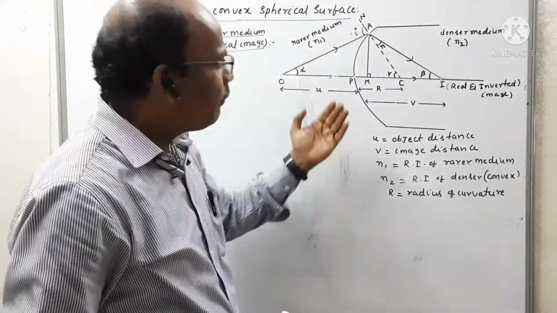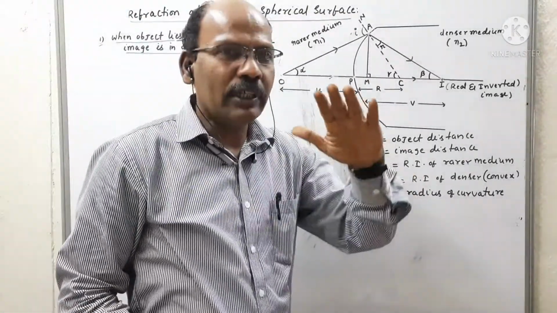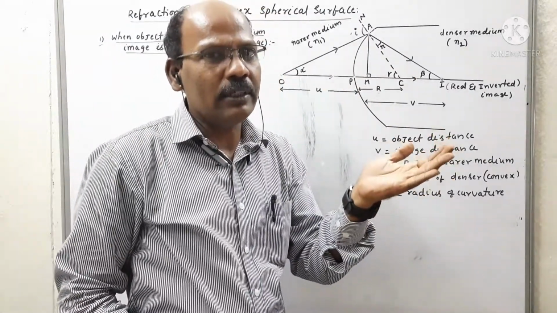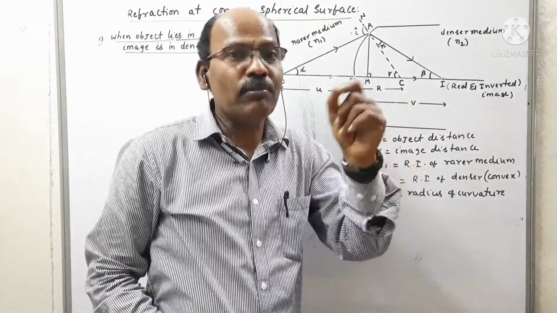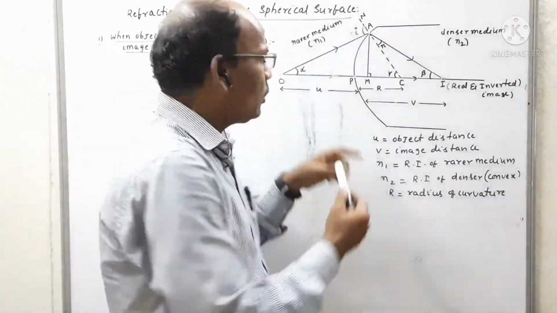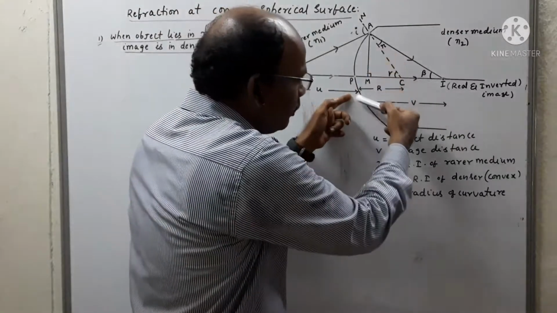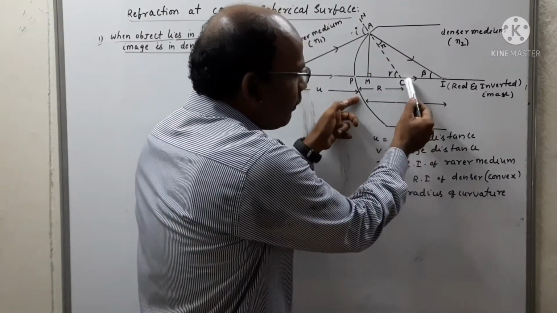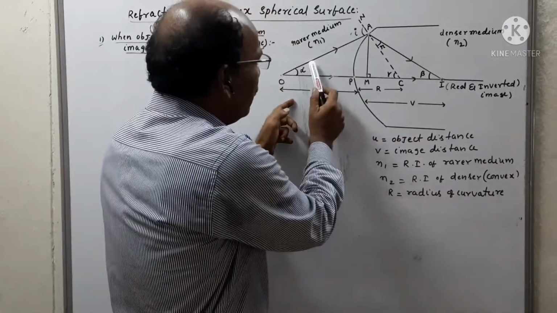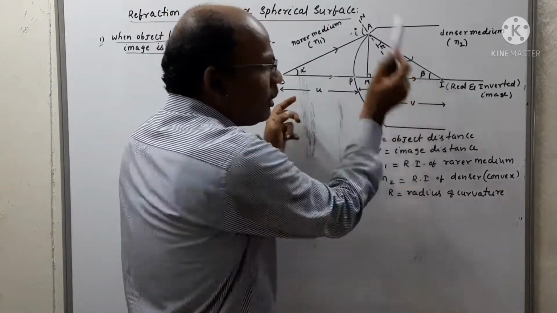We know that for any curved surface, the center of curvature acts as the normal. So if you consider this curved surface, then the center of curvature acts as the normal for the incident ray and the refracted ray.